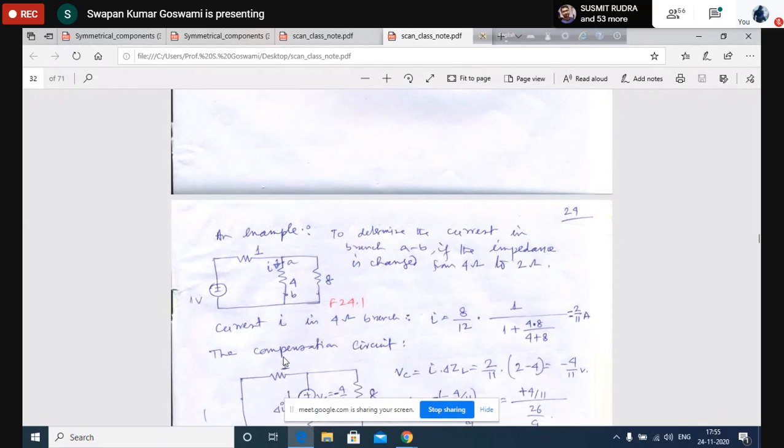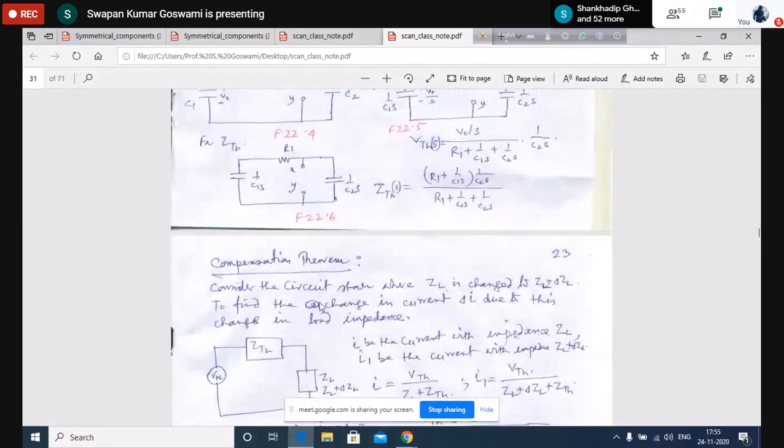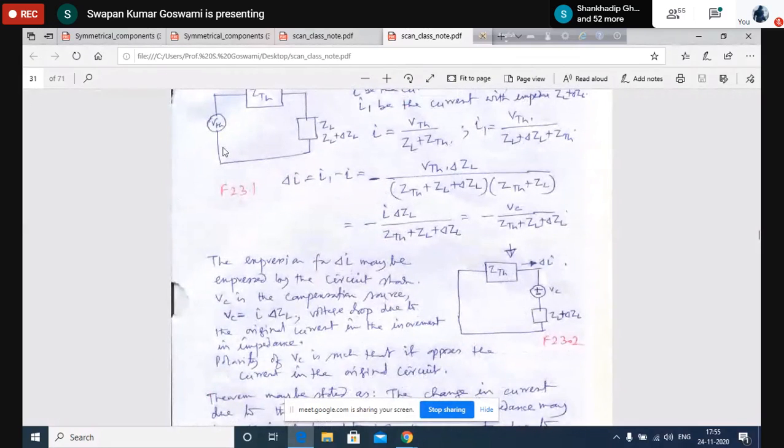So you told that like impedance will change from Z to Z plus delta ZL. So it will change every time, or will it become constant after changing? No. Say the situation is like that. Say you have solved a circuit at an initial condition, at a single instant you have solved the circuit.